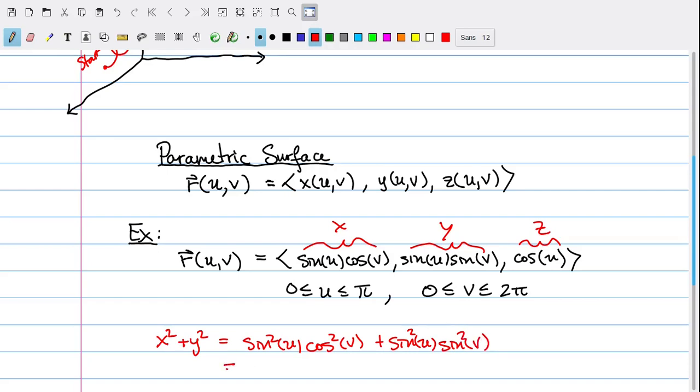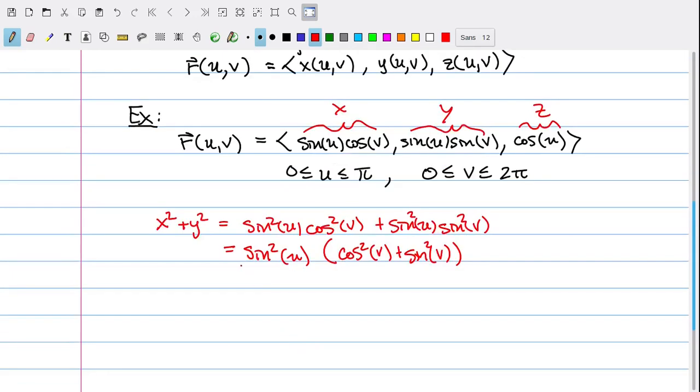I can simplify that as sine squared u times the quantity cosine squared v plus sine squared v. And of course that's the same thing as just sine squared u, which if I look at what z is, is the same thing as 1 minus z squared.